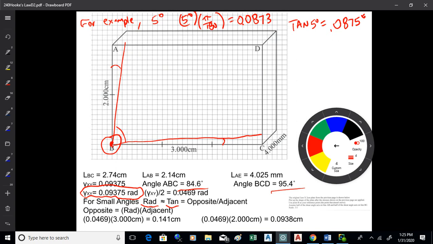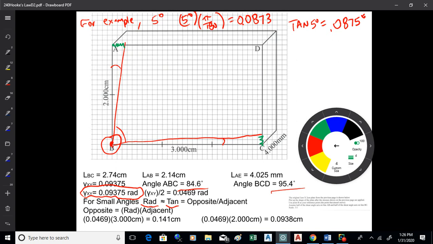All right, so we're going to use this approximation that the radian measure of a small angle is pretty much equal to the tangent. The tangent is opposite over adjacent. So if I want to know how much the opposite side will move, which is what I want, the deltas are right there and there. That's the opposite side. We'll take the radians, which is the tangent, so they're essentially equal, times the adjacent side.